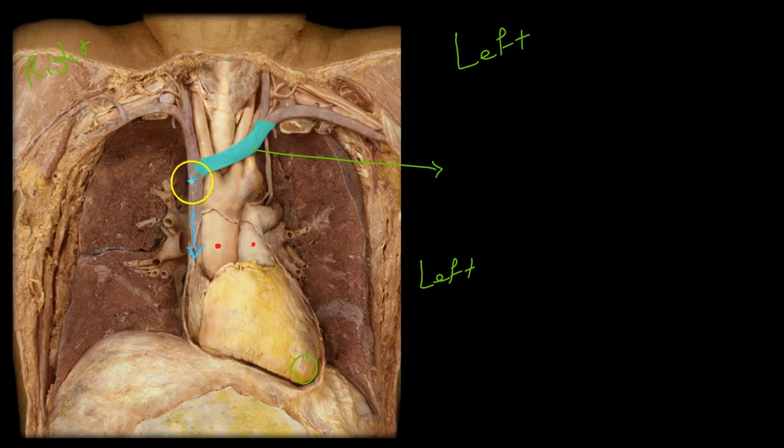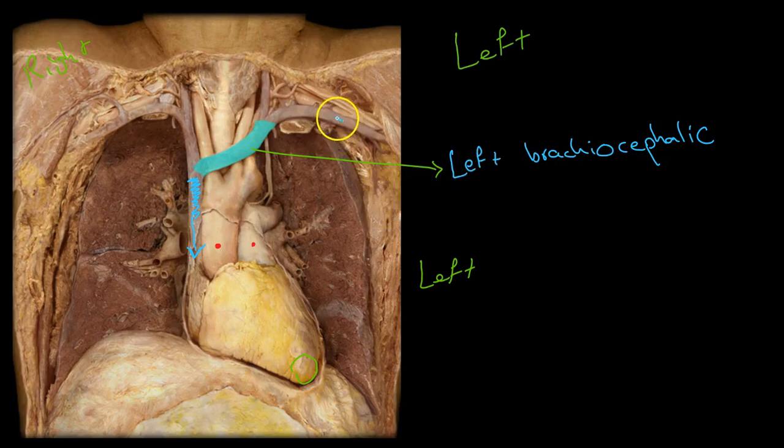The superior vena cava is going to be made by these two veins: the right brachiocephalic vein and the left brachiocephalic vein. So this is the left brachiocephalic vein. Brachio means arm. Cephalic means head. It's going to carry the deoxygenated blood from the arm and also the head.